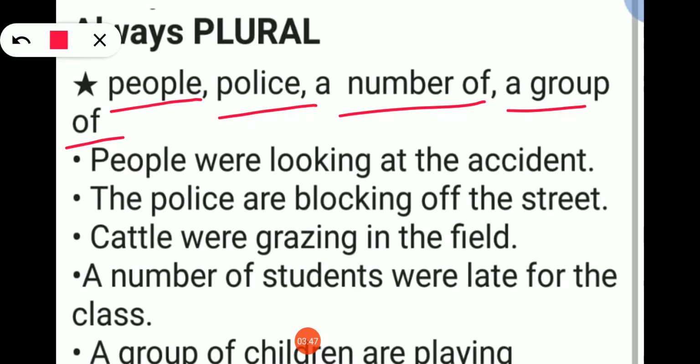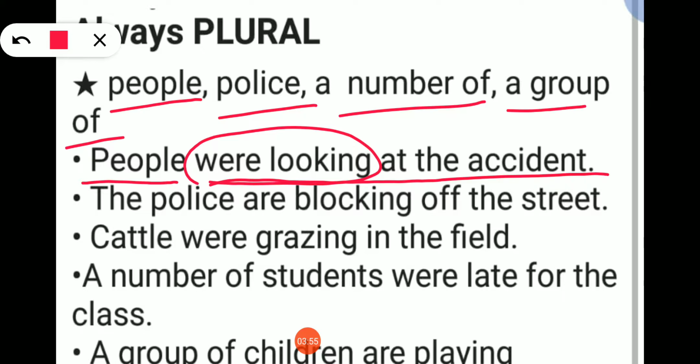For example, here people is the subject. Were looking at the accident is all the predicate. If we further classify it, were looking is the verb and at the accident is the object. In were looking, were is the auxiliary verb and looking is the main verb.